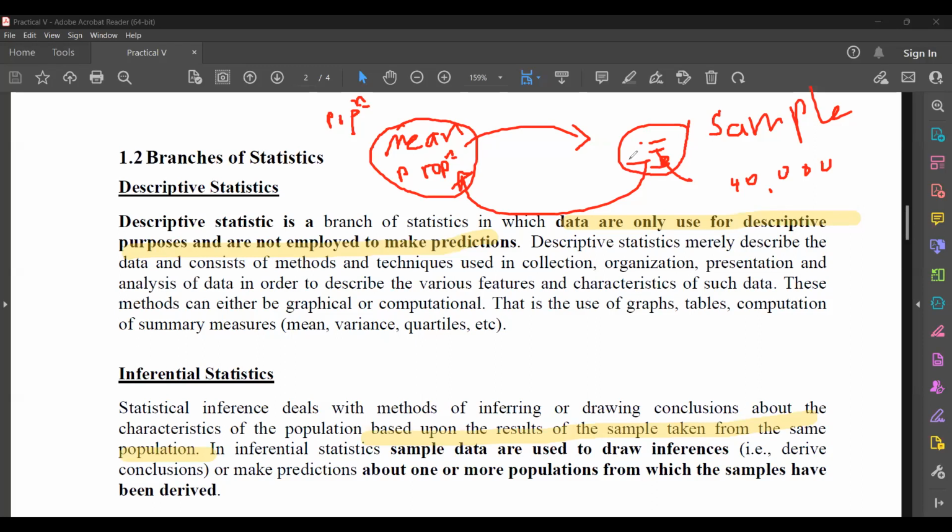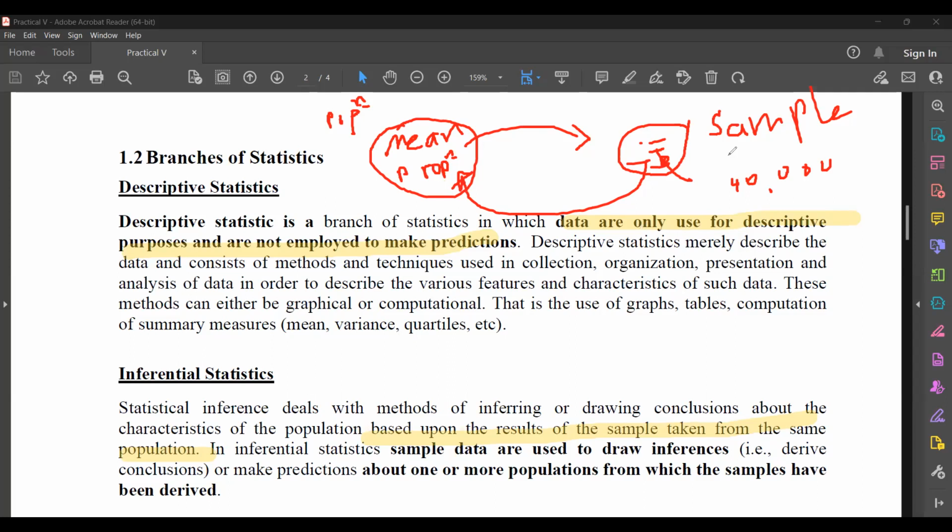I want to explain the difference between descriptive statistics and inferential statistics. Basically, from sample data we make conclusions about our population characteristics or our population parameters, right? That is what we are basically doing in inferential statistics.